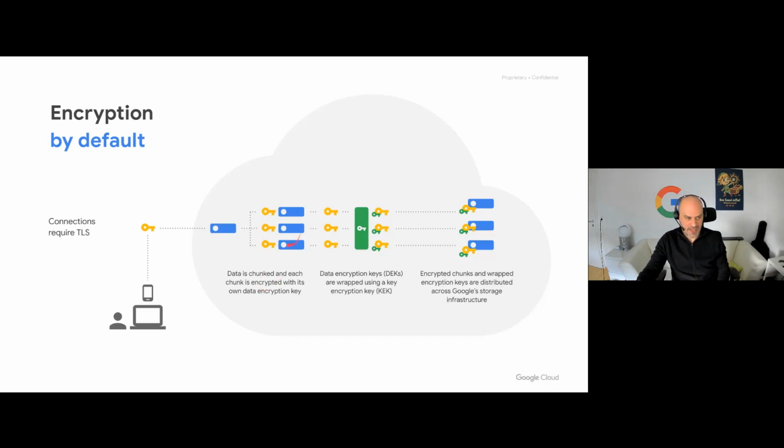So in that example, we have at least 3 different keys for 3 different file chunks. This data encryption key is then encrypted with a so-called key encryption key. This key encryption key is managed centrally in our key management service.